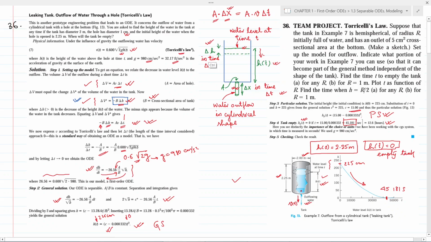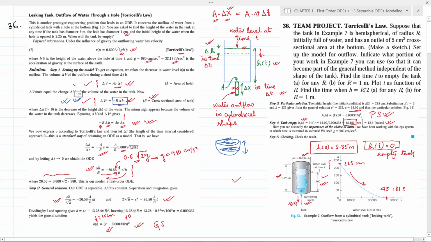As we had seen, we had calculated the decrease in volume by multiplying delta H with the cross section of the tank, that is B. However, for a hemispherical tank, this cross section changes with change in height, that is at this height the cross section is different from at this height. So the cross section is not constant throughout the height of the hemisphere.